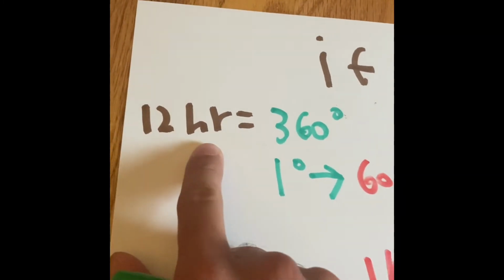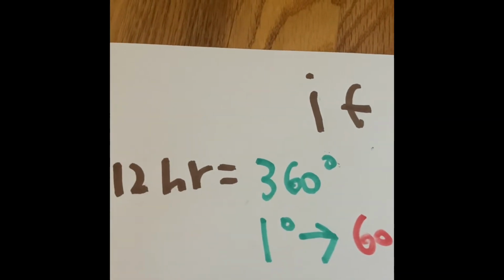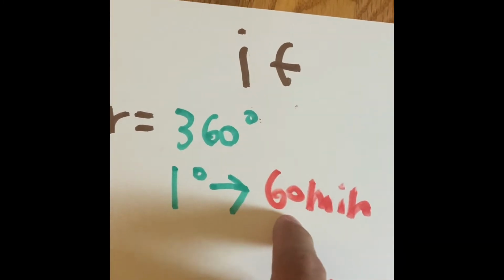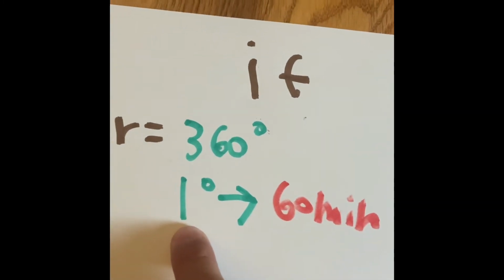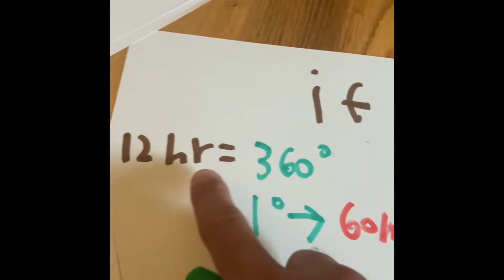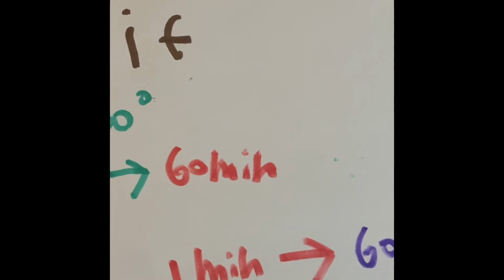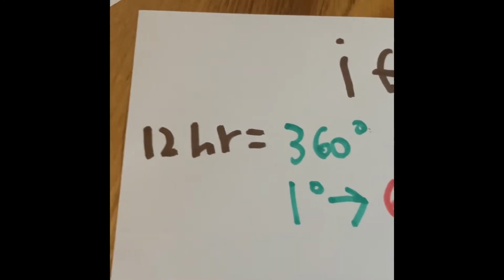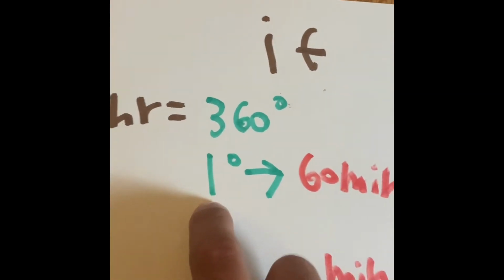If a 12-hour clock is equal to 360 degrees, because 360 is one rotation, then 1 degree is equal to 60 minutes, because 60 minutes is equal to an hour. And 1 minute equals 60 seconds.